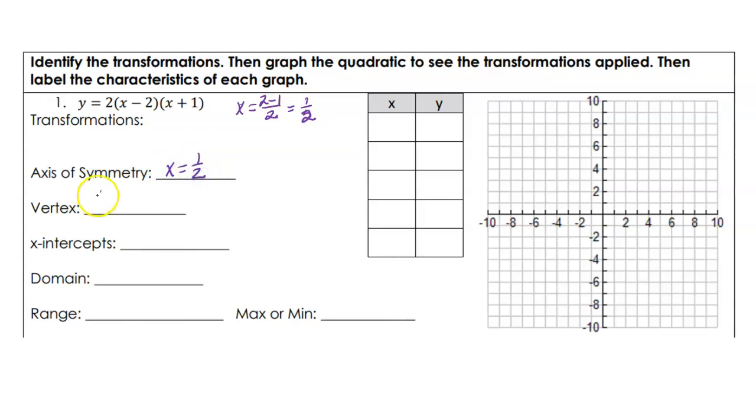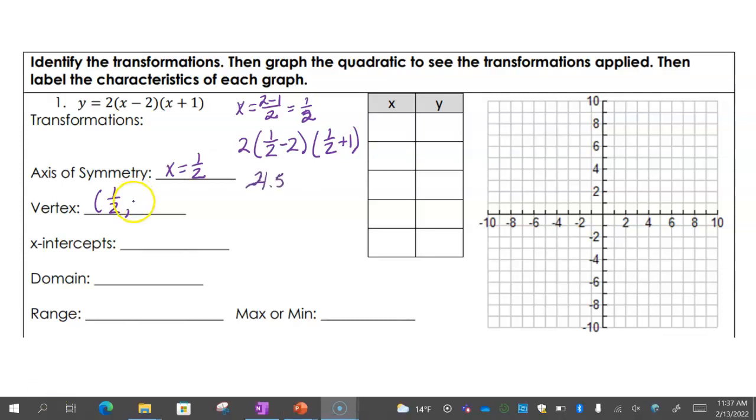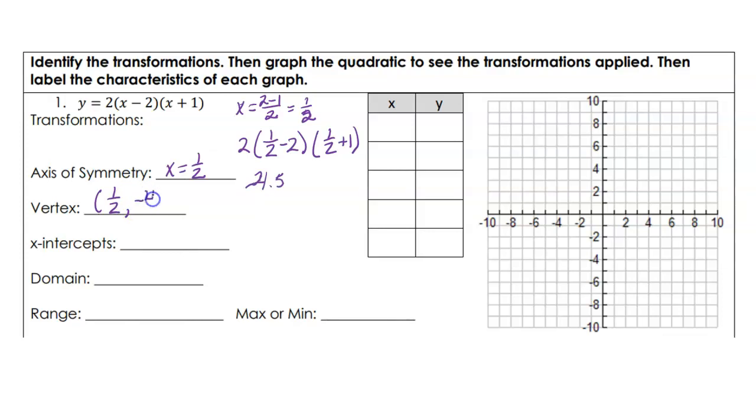So I'm going to use that for my x coordinate of my vertex. And when I plug it into the equation, I have 2 times the quantity of a half minus 2 times the quantity of a half plus 1. When all is said and done there, we end up with negative 4 1/2.